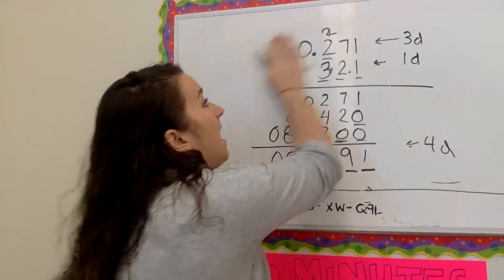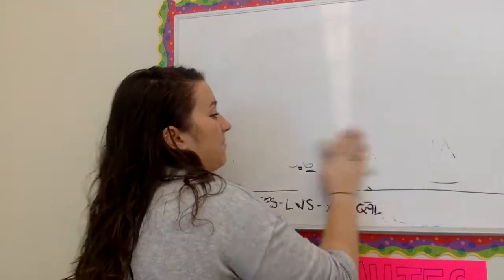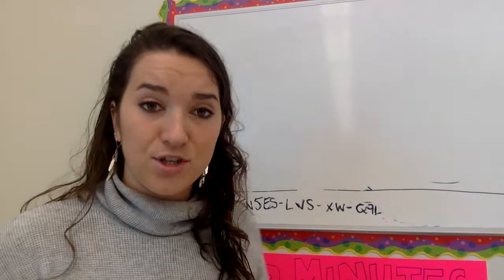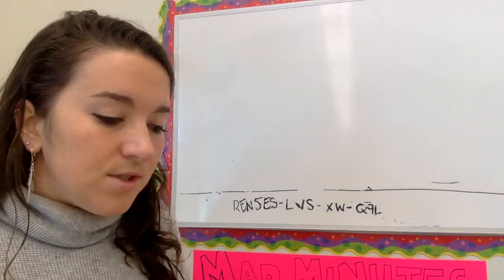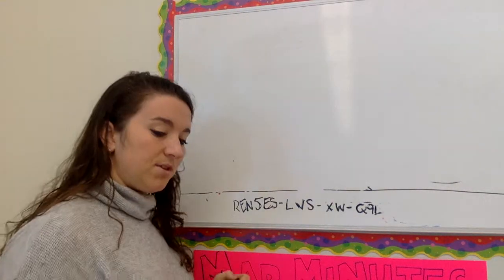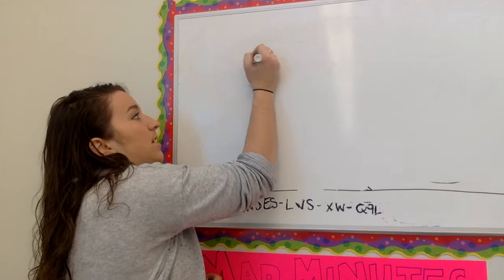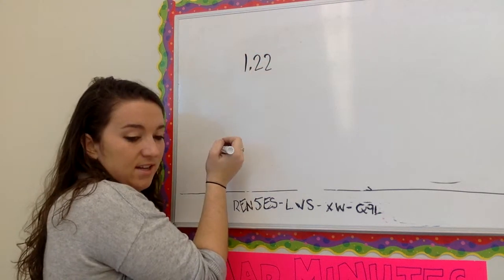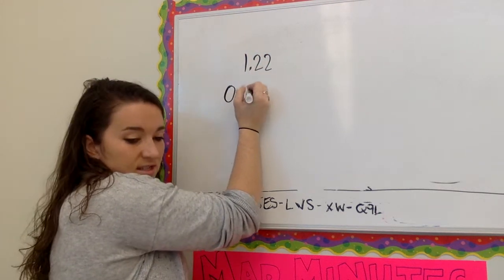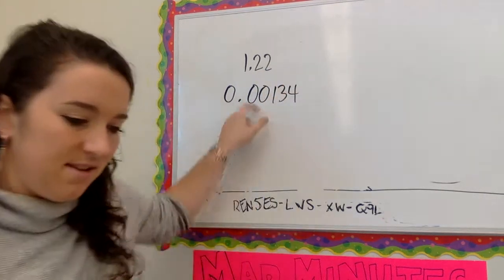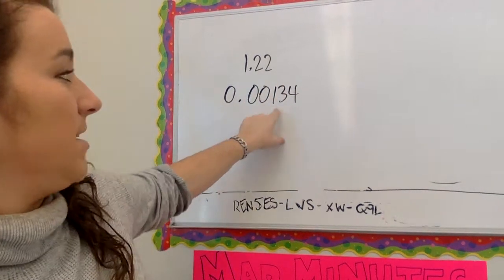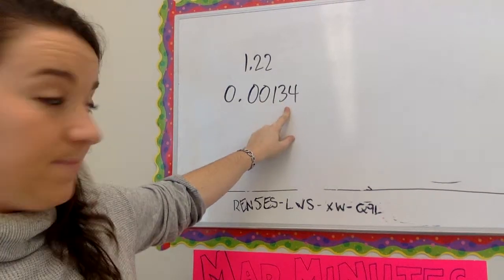All right, I'm not going to do the second problem for you, but I am going to set it up and show how you'll think about how to set up the problems, which number goes on top. So in problem number 2, I have 2 numbers, 1 and 22 hundredths, and then I have 0.00134.